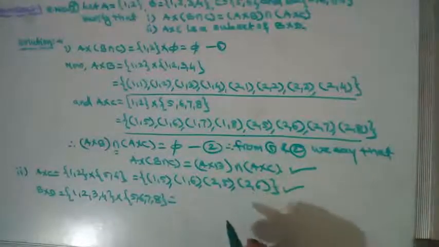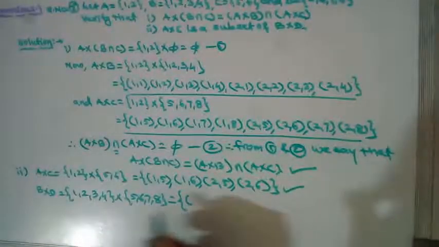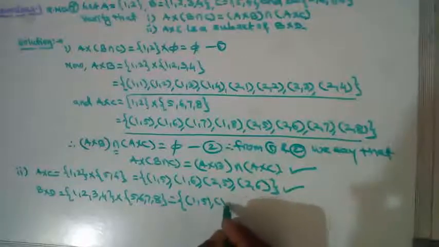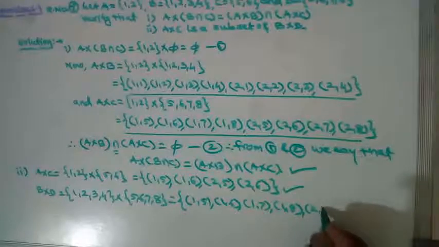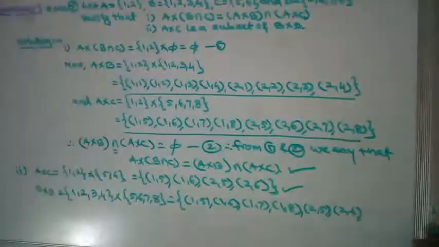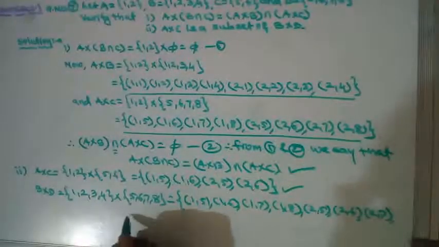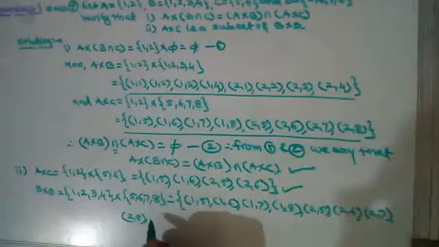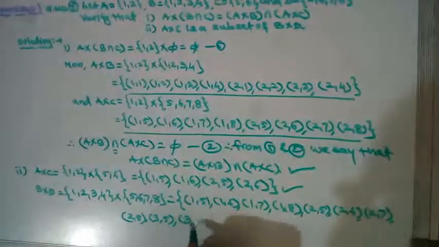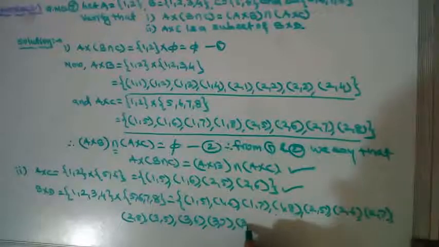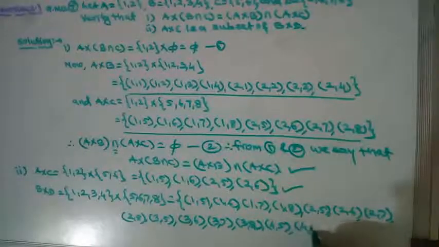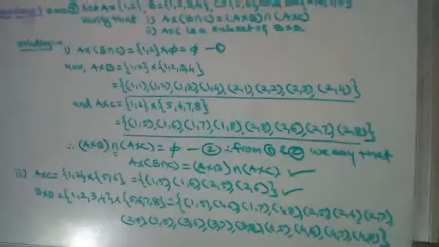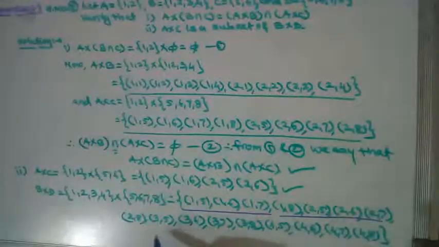Okay, so this will be B cross D. First, with 1: (1,5), (1,6), (1,7), (1,8), then (2,5), (2,6), (2,7), (2,8), then (3,5), (3,6), (3,7), (3,8), then (4,5), (4,6), (4,7), (4,8). So this is the complete set B cross D.